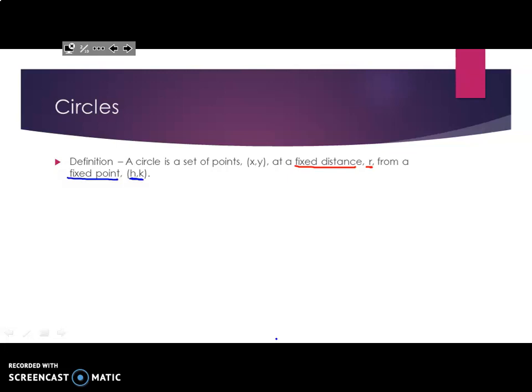You have a fixed point h, k. Then after you have your fixed point, you have a bunch of other points. This set essentially just means that it is a bunch of other points, and all those other points are a fixed distance r from it.